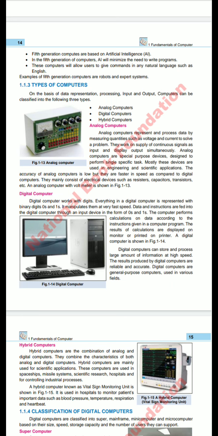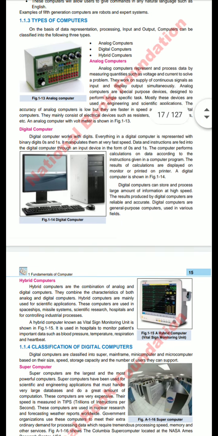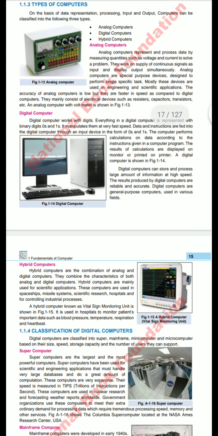Analog computers are special purpose devices. These are designed to perform a single specific task. Special purpose means devices that are used to solve a specific problem or a single purpose. Mostly these devices are used in engineering and scientific applications like temperature sensors.